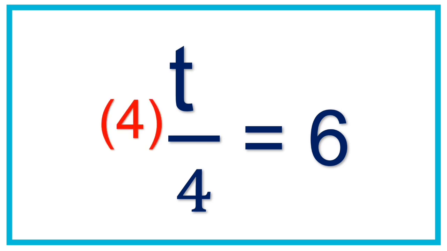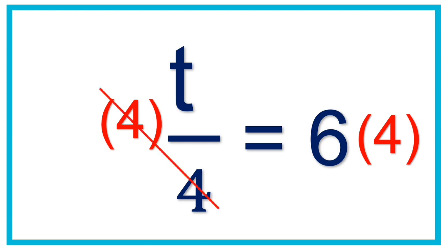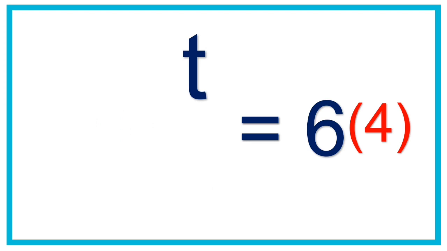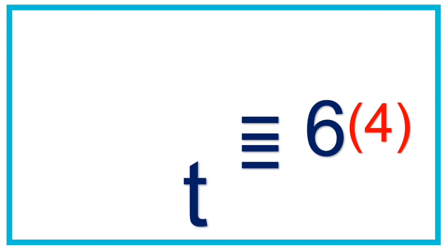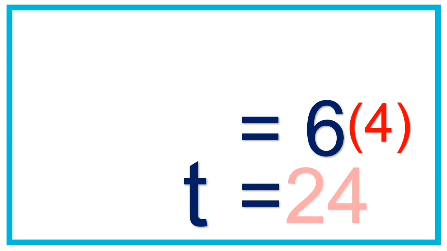By multiplying both sides by 4. That cancels 4, leaving us t isolated or all by itself. Let's bring down t, the equal sign, and the answer to 6 times 4, which is 24. You got it!